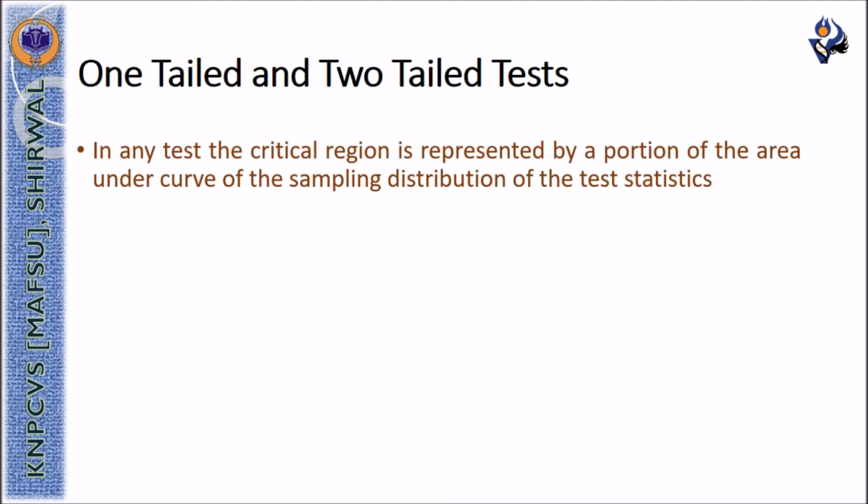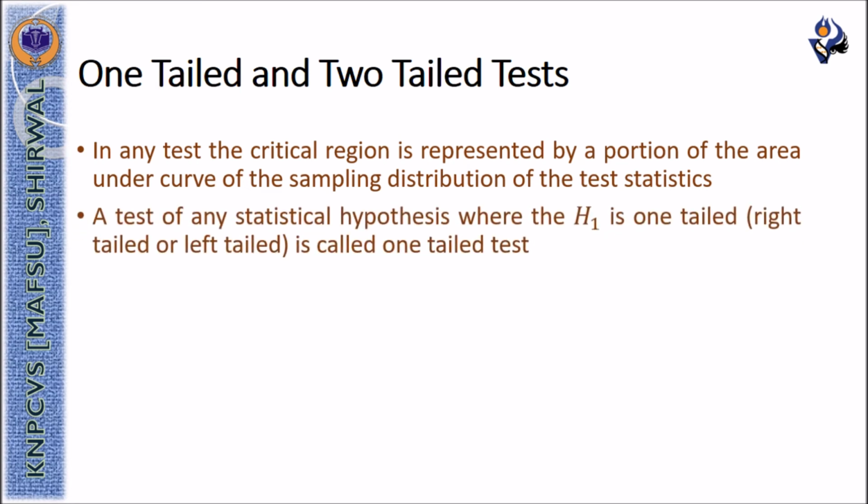In any test, the critical region is represented by a portion of the area under curve of the sampling distribution of the test statistic. A test of any statistical hypothesis where alternate hypothesis is one-tailed, that is right-tailed or left-tailed, is known as one-tailed test.